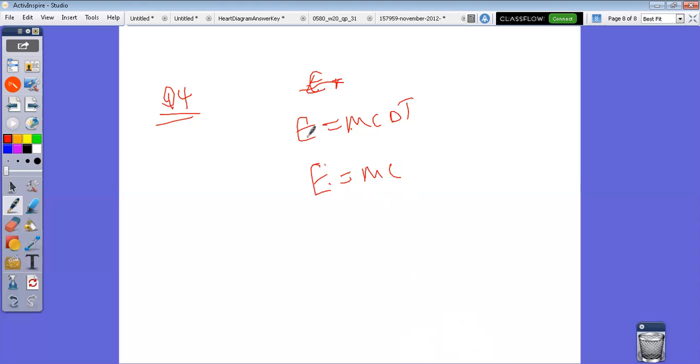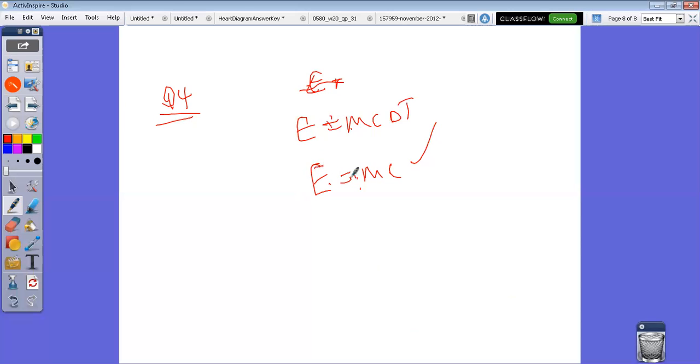Natalia, which formula are we using here? The second one. I explained that, check your notes. When we are dealing with latent heat of fusion, we ignore the temperature because the temperature is the same. We are simply dealing with E is equal to ML.